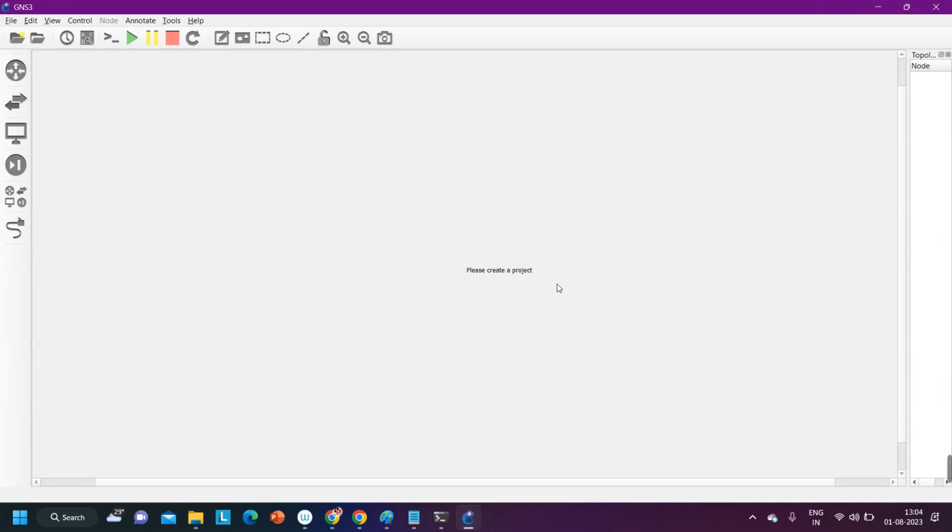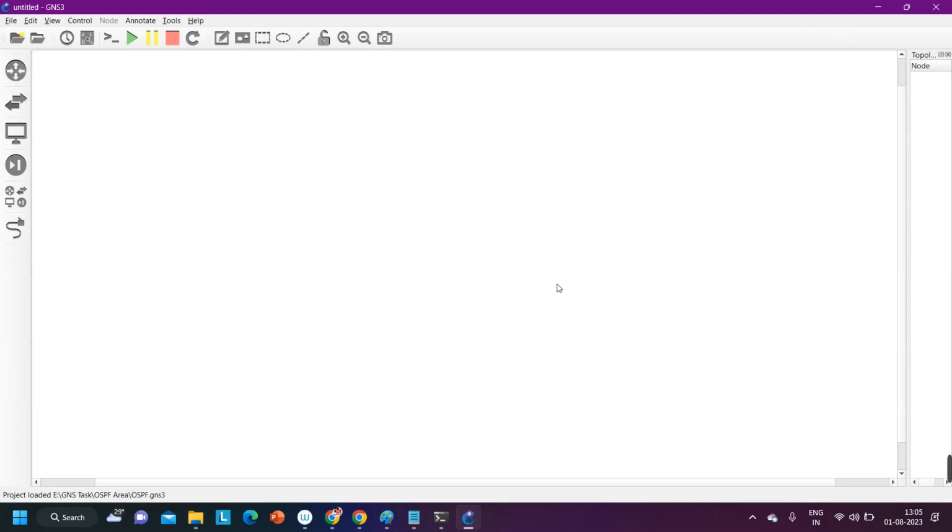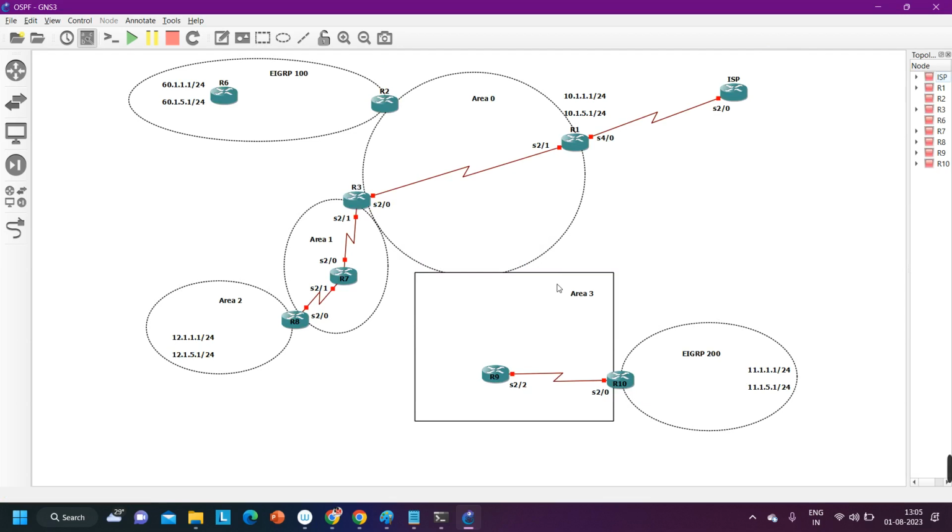Wait, it will take some time to open. No, no. This is a different topology.